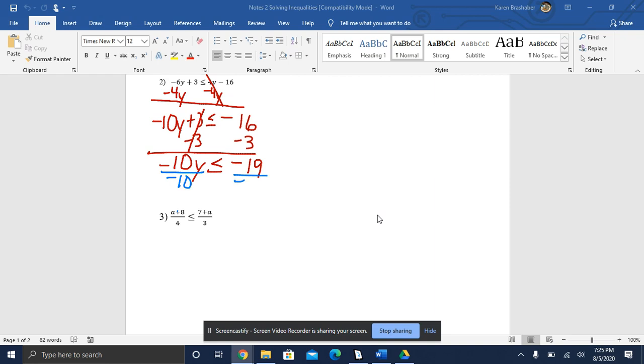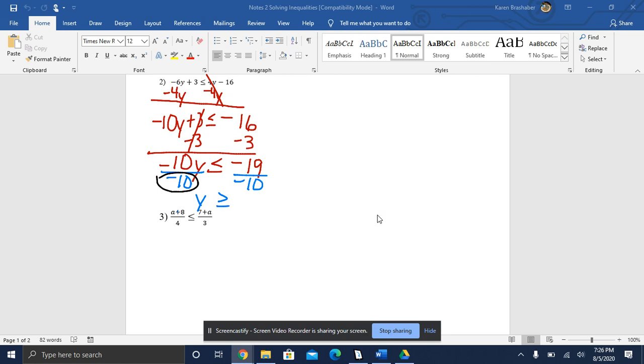Sometimes in Algebra 2, you get fractions like this. So we'll divide both sides by negative 10. Now, one thing I want to emphasize right here is that I divided by a negative 10, which means I'm going to have to refer to that rule I gave you at the beginning on the first set of notes, and that is that I will need to, as I do the division, reverse the inequality.